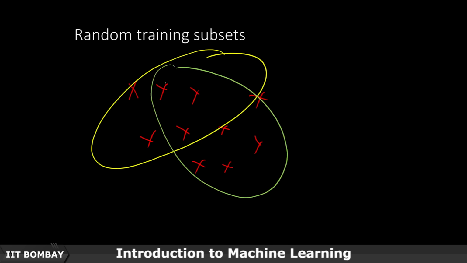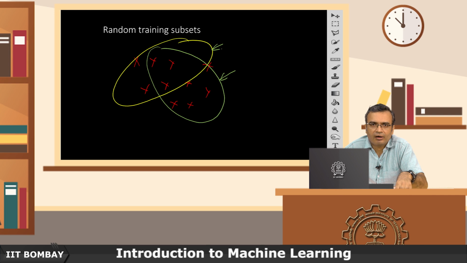So we will have one model trained on this, another model trained on this subset, and these models will turn out to be different, and then we can average their results for validation and testing. So this randomization basically breaks the dependence between models, and once that dependence is broken, we can see that if the models are truly independent, then ensembling them will give us better results, which we have seen before.